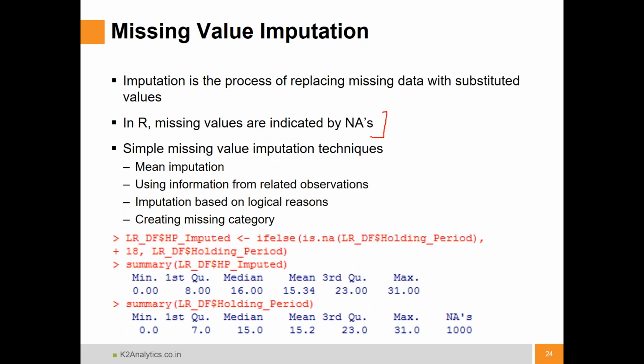When you see data, you will see NAs in a mild font. There are various ways of doing imputation: mean imputation, using information from related observations, imputation based on logic, as I mentioned, gender and title, and creating a missing category. If you feel that you are not able to impute, then create a separate missing category.